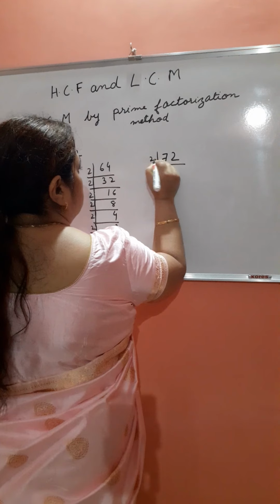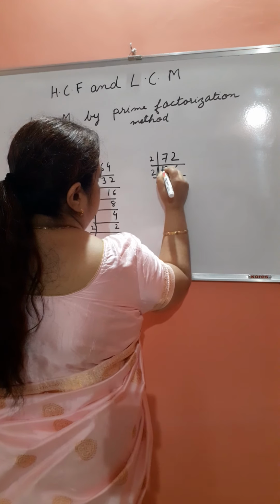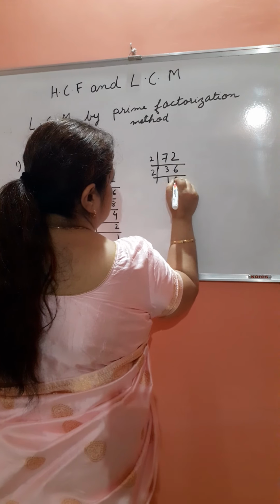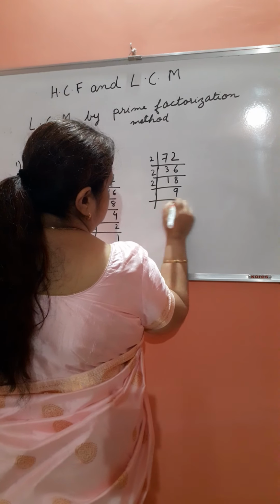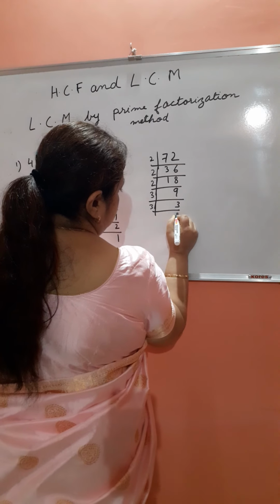Then 72 again, 2 6s are 12, 2 1s are 2, 2 8s are 16, 2 9s are 18, 3 3s are 9, 3 1s are 3.